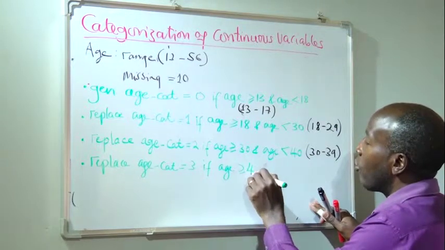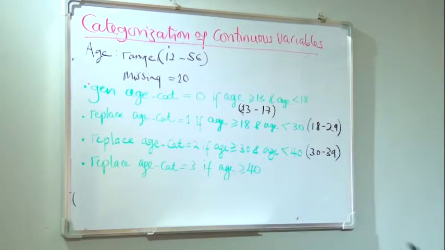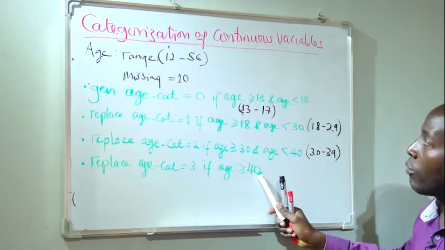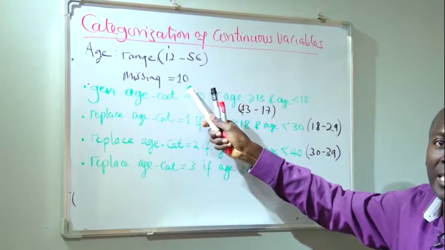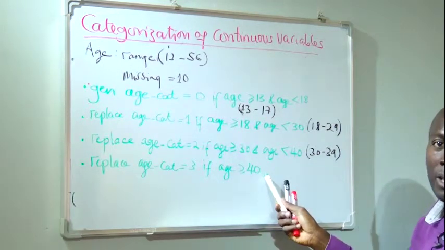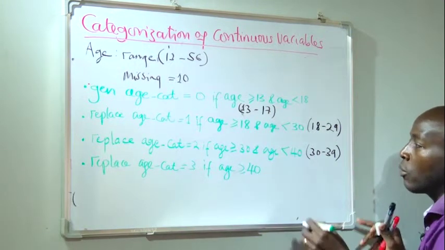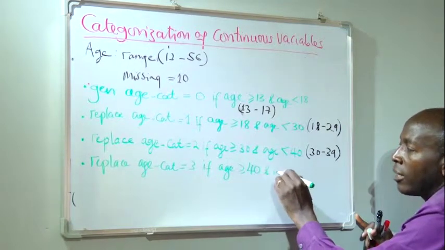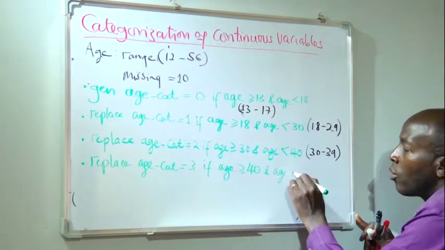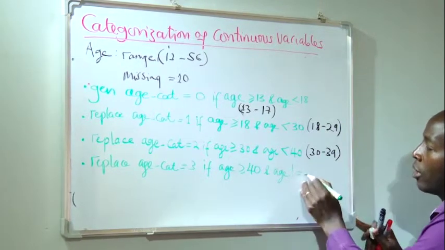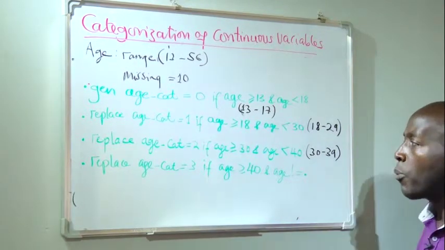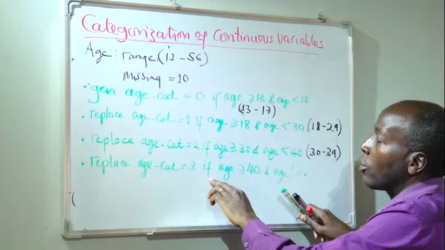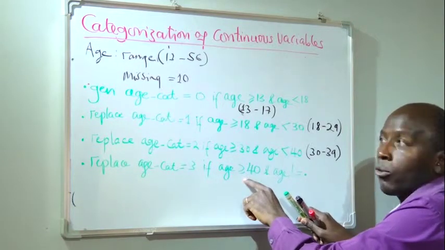And now this is where the catch comes in. If you leave it like that, age greater or equal to 40, even these people who are missing age will be included in this category. So the thing is, you have to state if age is greater or equal to 40 and age is not equal to missing. So that means only those people who have values for age should be included in this category if they are greater or equal to 40.